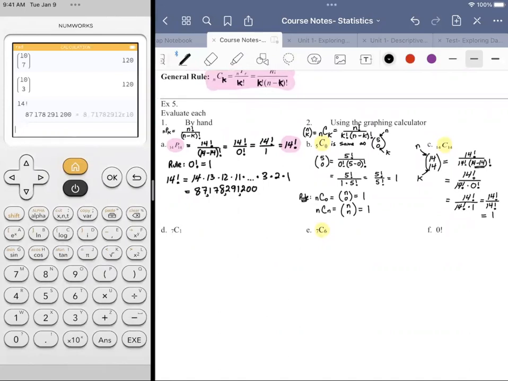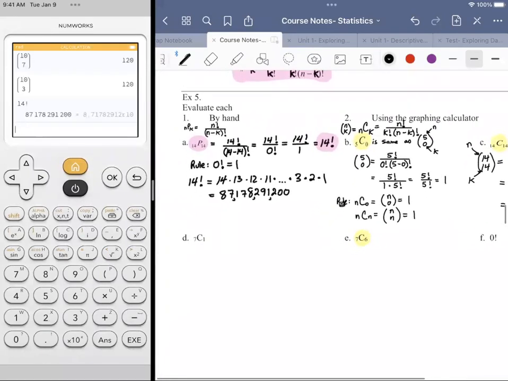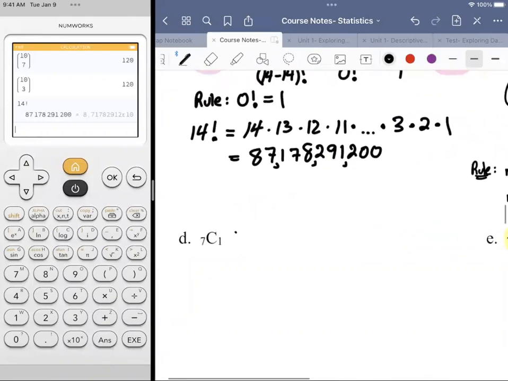All right. For D, I'm going to go with shortcut as the word of the day. Shortcut is a compound word, if I'm not mistaken, and that seems to be the theme anyway. So for D, 7C1, we could think of that as the 7 over the 1, without a fraction.